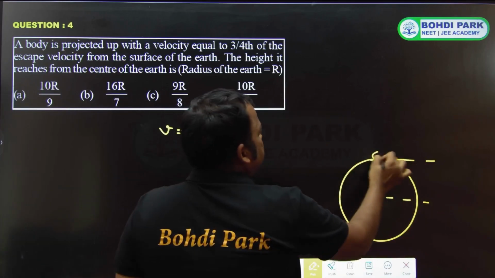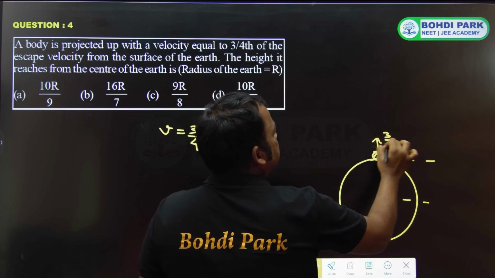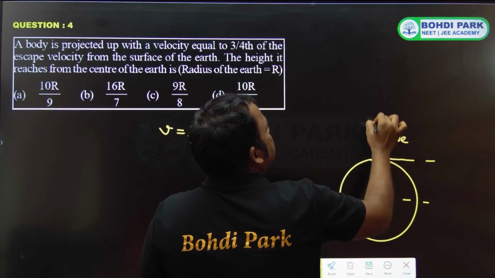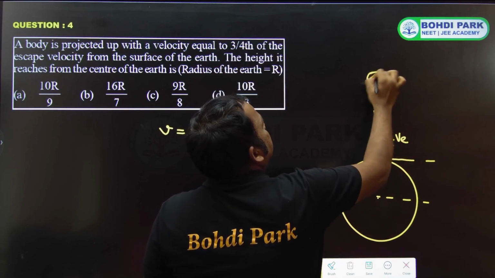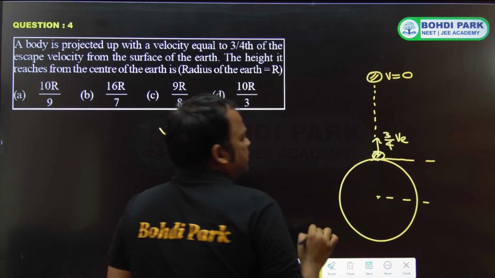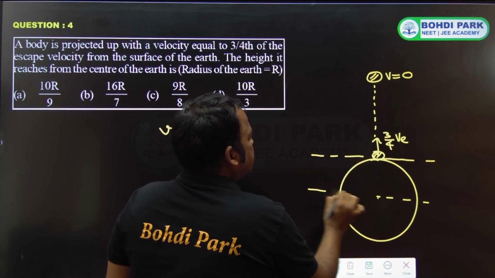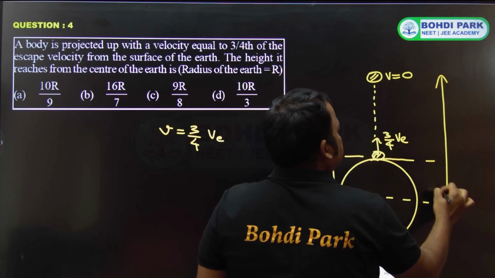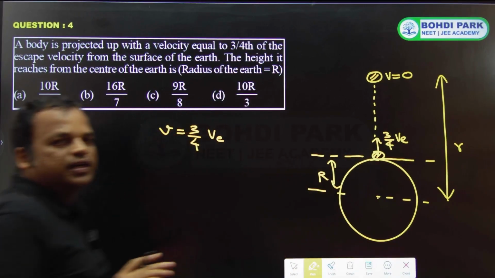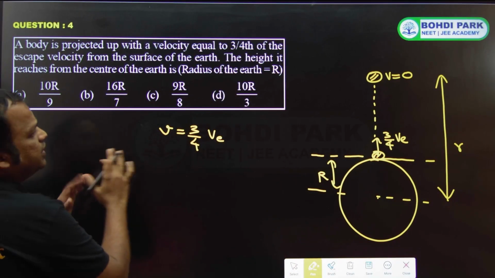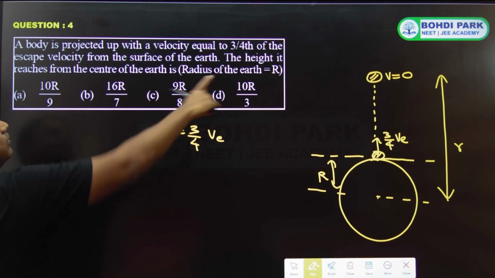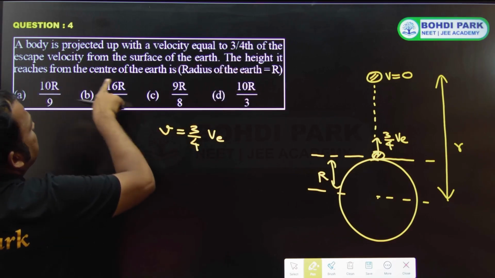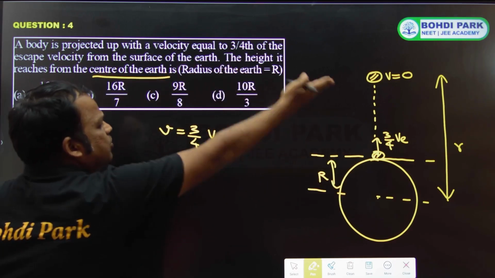So it is thrown with velocity 3 by 4 times escape velocity. It will go up. At the topmost point, the velocity becomes 0. So initial distance from center is capital R, and final distance from center is small r. So we will conserve the mechanical energy, and we have to find the height from the center, that means small r.